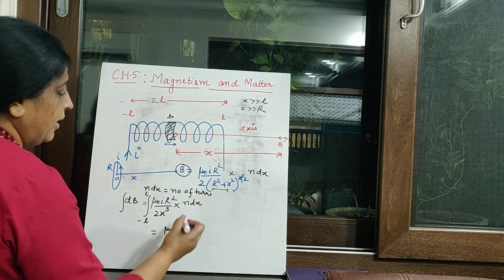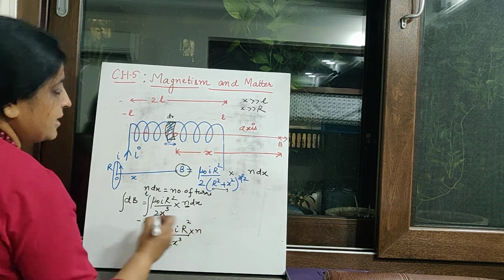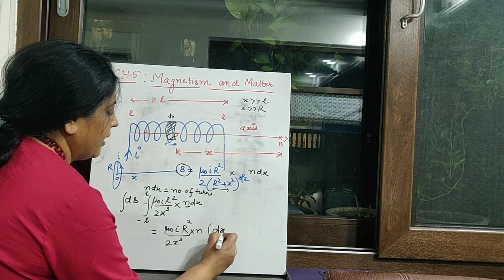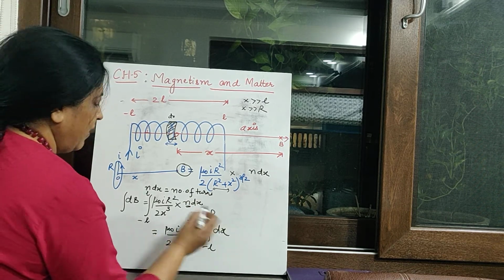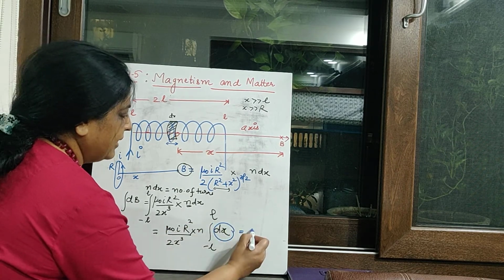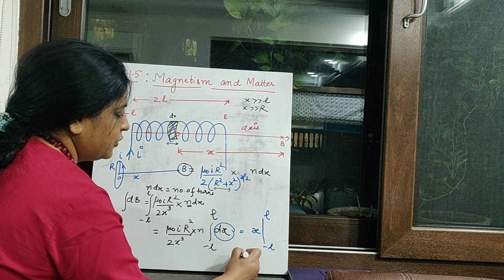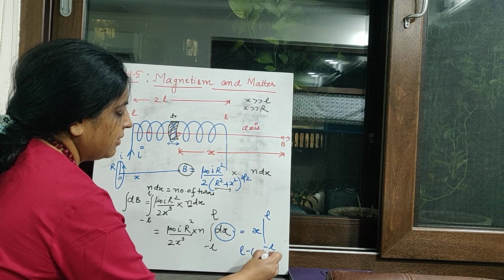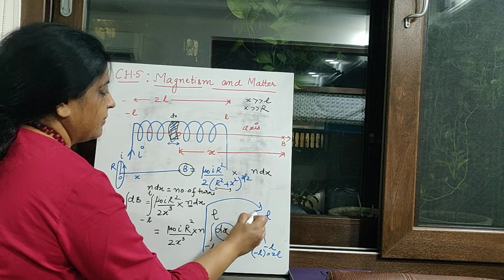The number of turns per unit length, n, is also fixed, because you have taken a particular type of solenoid, and we are left with dx only from minus L to L. And this integration, we very well know, integration of dx will be x, limits are minus L to L, so putting the upper limit and subtracting the lower limit from it, the answer is 2L. So this portion has been solved like this.